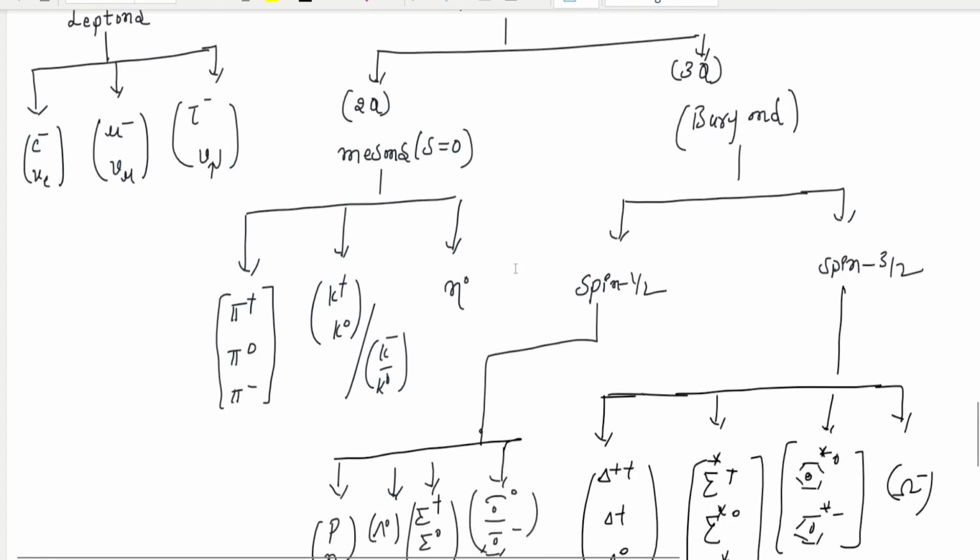So this is the main classification. The first topic is conservation laws in elementary particle reactions. So this is our main course. If you know the classification, then you can easily find these conservation laws.